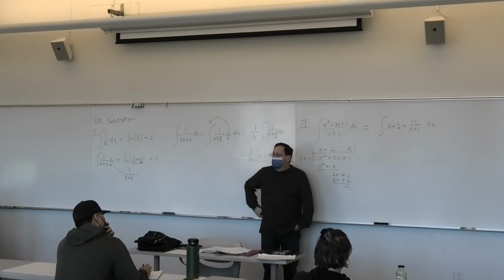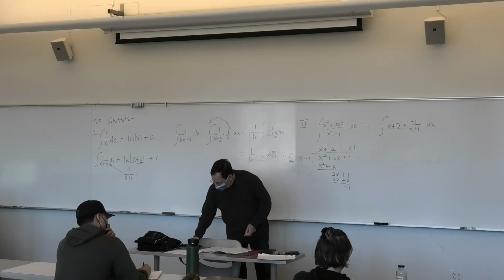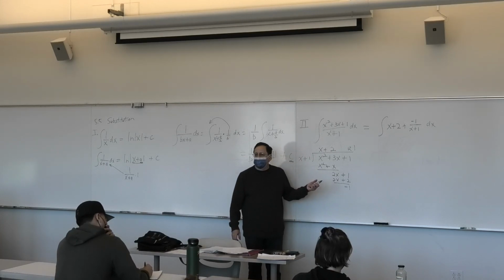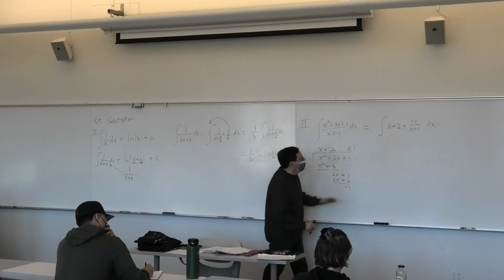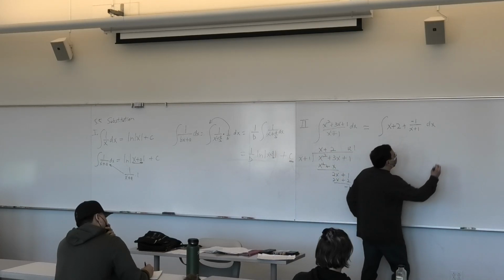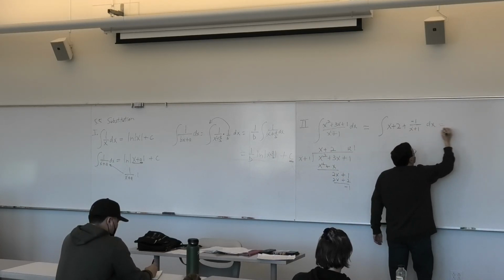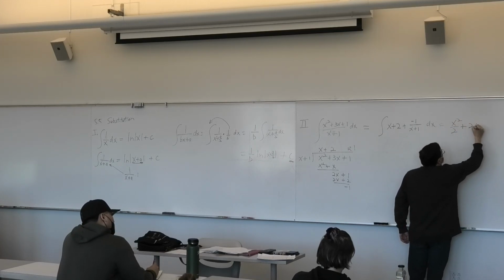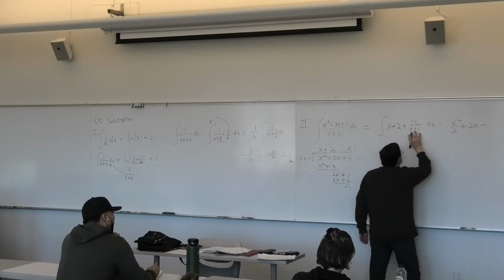Well, take a look at that. That kind of came out nice, didn't it? Because we know how to do this. Right? We can break this up. This is going to be x squared over 2 plus 2x minus, well, what have we got here?